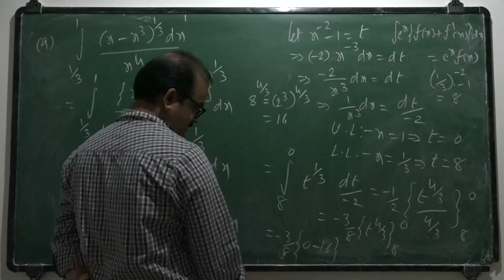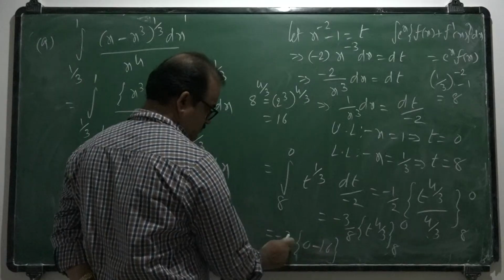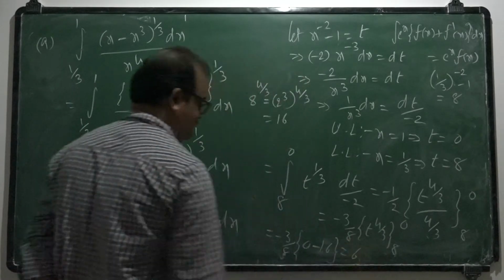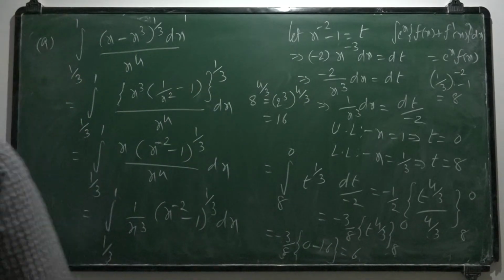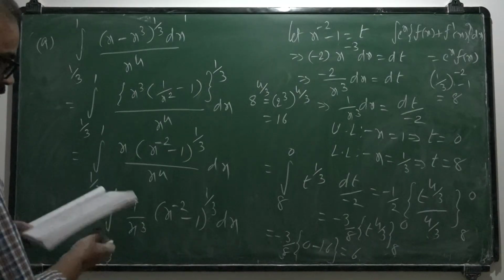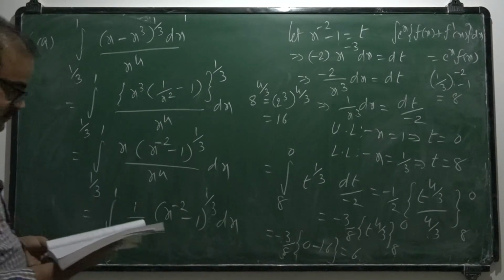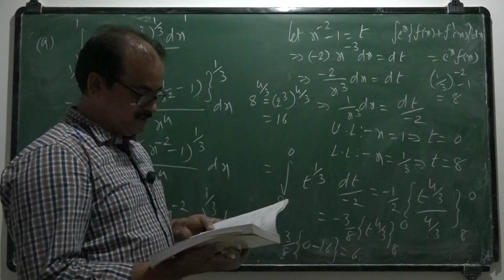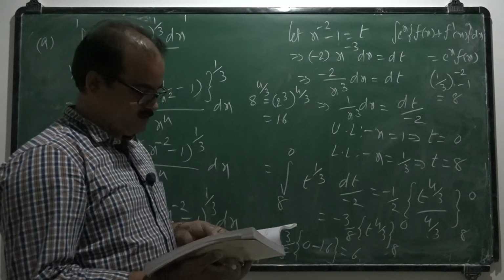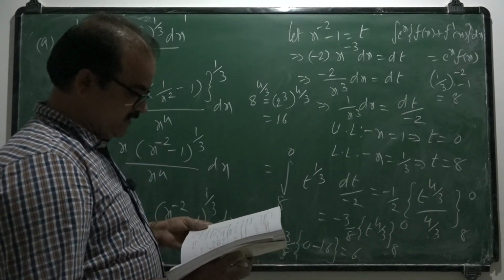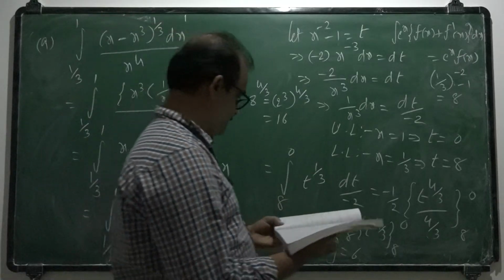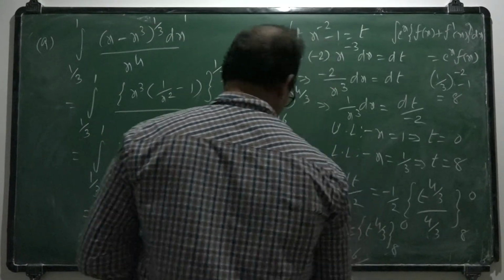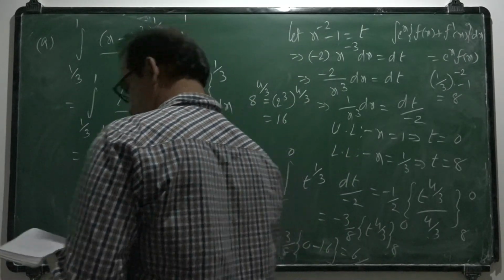Minus into minus is plus, 8 and 2 times cancel. 2 into 3, that is 6. There are 4 options given to this problem in your textbook. Here option A is correct. 6 is the right answer.